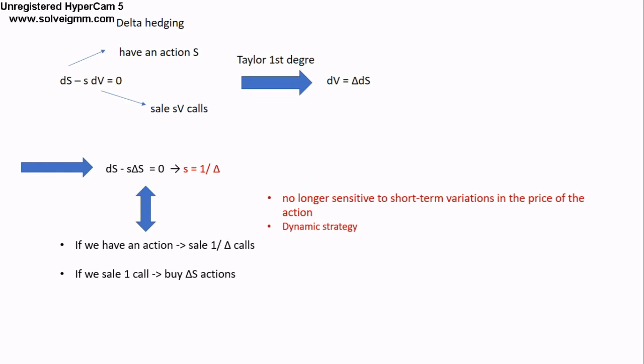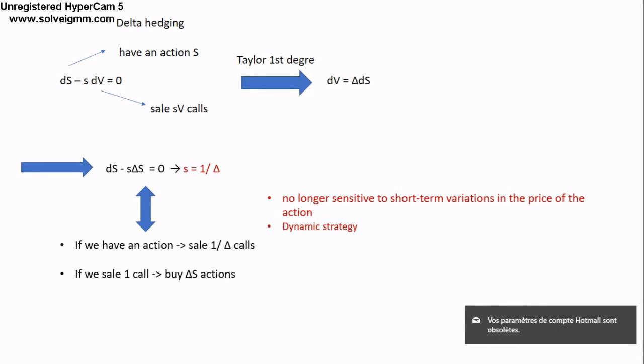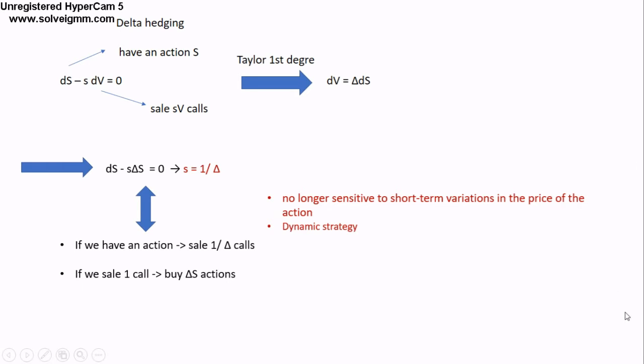We can't let an option, a put, sorry for that, we can't let an option with a maturity of 2 months like that, and say, the delta hedging hedges my risk. No way.